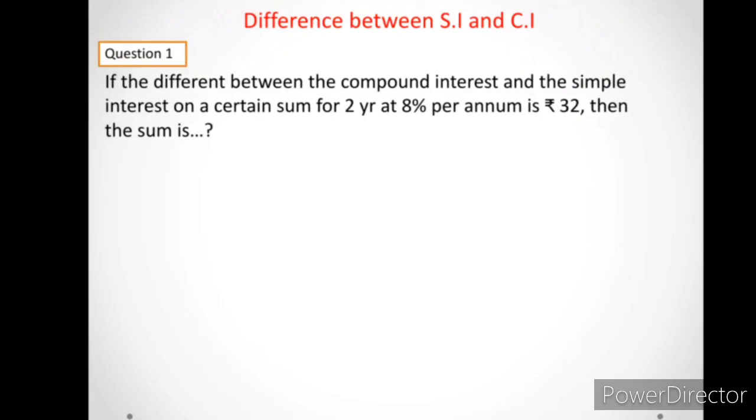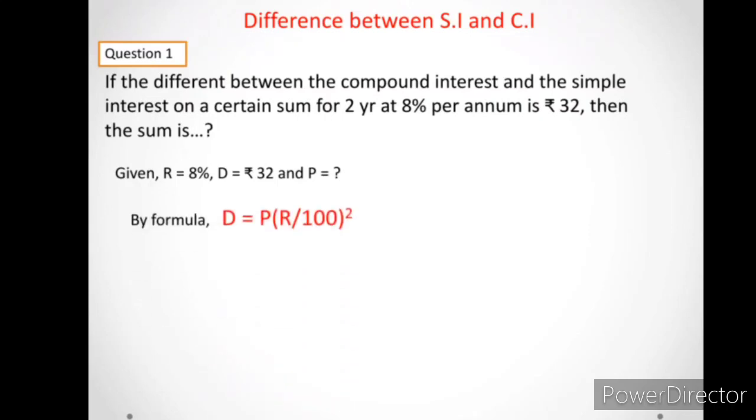If the difference between the compound interest and simple interest on a certain sum for 2 years at 8% per annum is 32 rupees, then the sum is? Okay. So given rate of interest equal to 8%, difference between simple interest and compound interest is 32 rupees, and we need to calculate the principal amount. Here the formula is, guys, D equal to P into (R by 100) whole square.